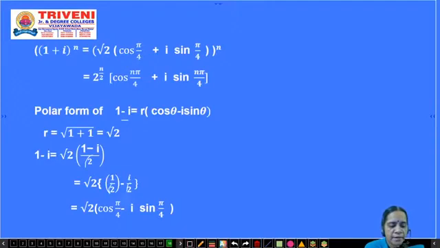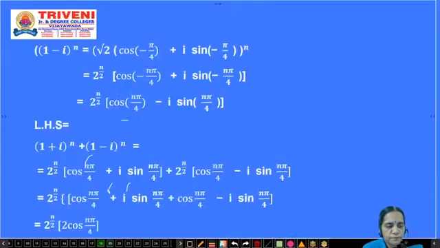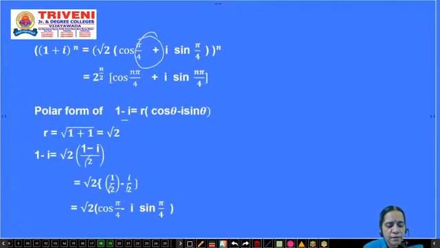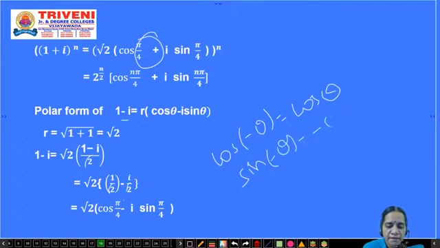1 by root 2 can be written as cos pi by 4 and i by root 2 can be written as sin pi by 4, so cos pi by 4 minus i sin pi by 4. But (1 - i) whole power n can be written as root 2 of (cos of minus pi by 4 + i sin of minus pi by 4). Why? Because cos of minus theta is equal to cos theta and sin of minus theta is equal to minus sin theta.